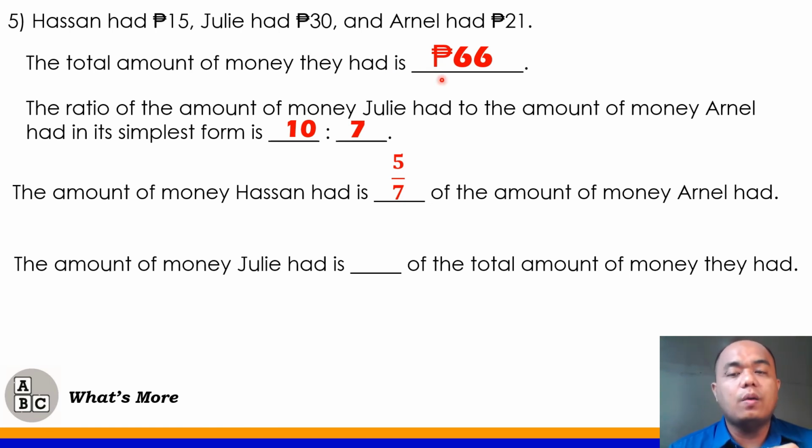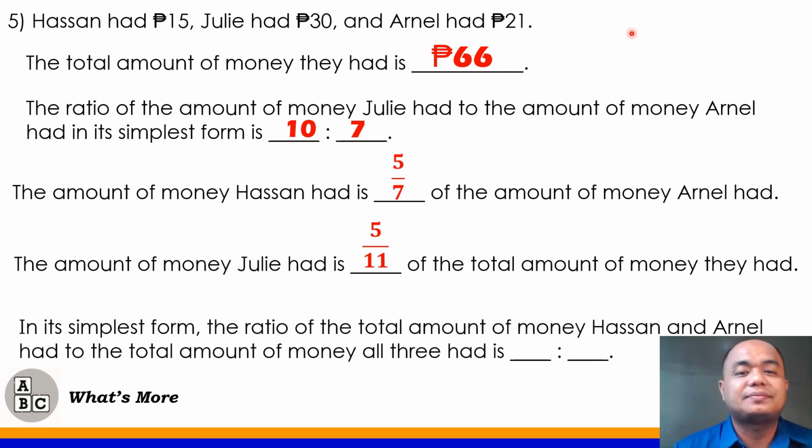Ano yung GCF nilang dalawa? Yes, 6. Very good. Yung 6 na yan, class, ang magiging panghati or divisor natin sa 30 at saka 66. Now, 30 divided by 6, how much? 5. How about 66 divided by 6? 11. So, ibig sabihin, yung answer natin dito ay 5/11 or 5 over 11. The amount of money Julie had is 5/11 of the total amount of money they had.